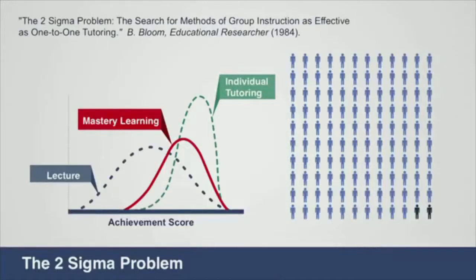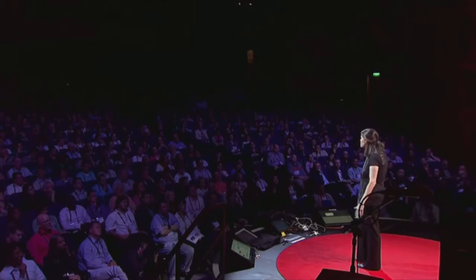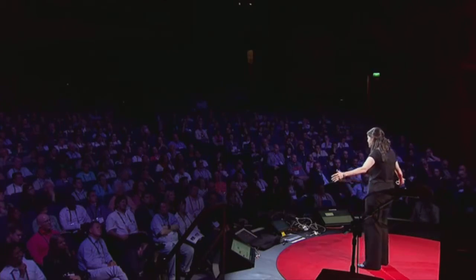Because we cannot afford, as a society, to provide every student with an individual human tutor. But maybe we can afford to provide each student with a computer or a smartphone. So the question is, how can we use technology to push from the left side of the graph, from the blue curve, to the right side with the green curve? Mastery is easy to achieve using a computer, because a computer doesn't get tired of showing you the same video 5 times.